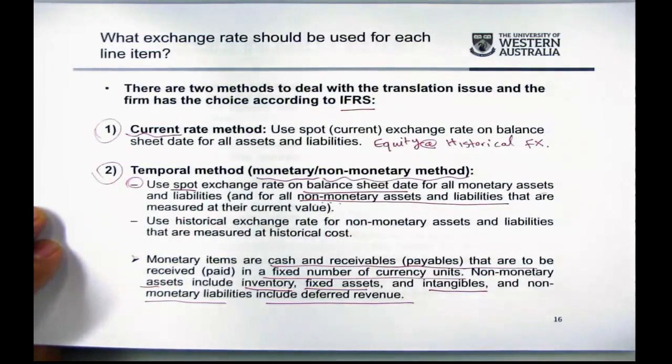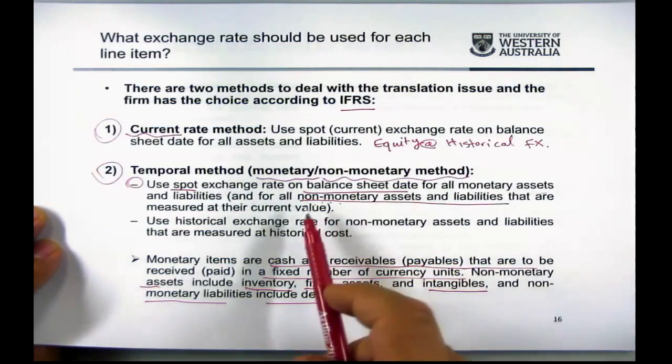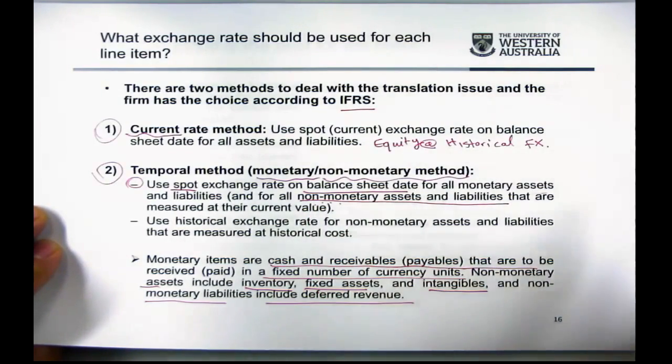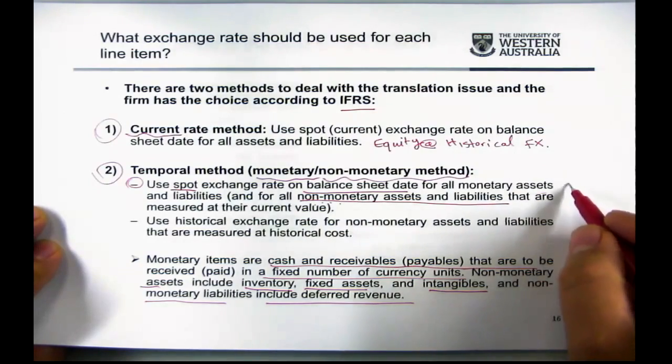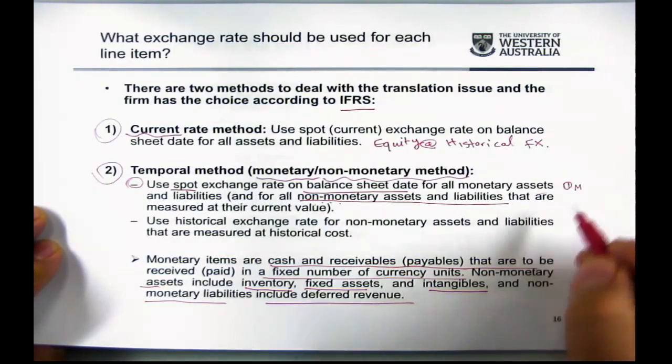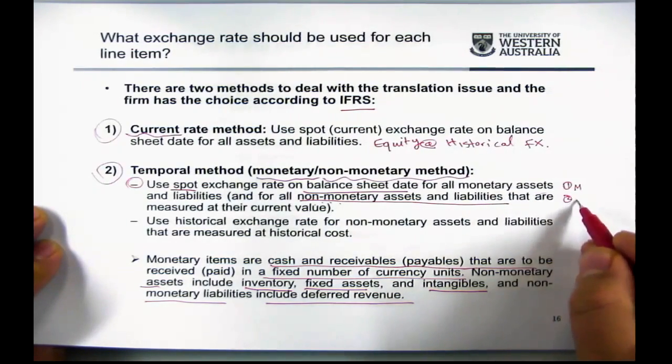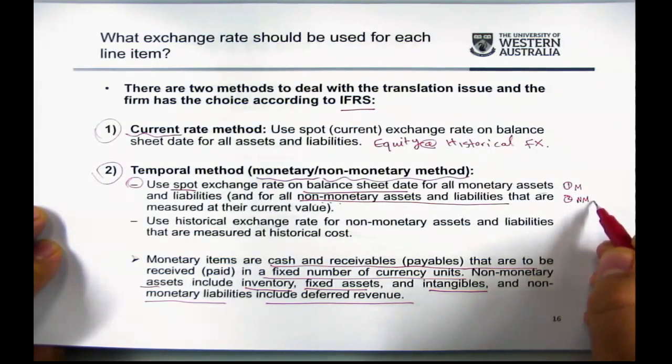Okay? So we are talking here about 2 items, monetary and non-monetary, that are usually reported at fair value.